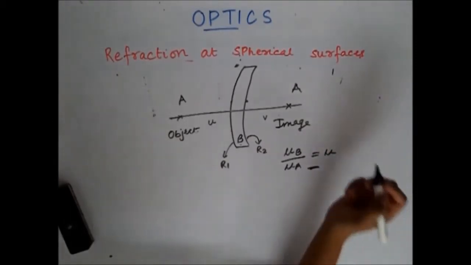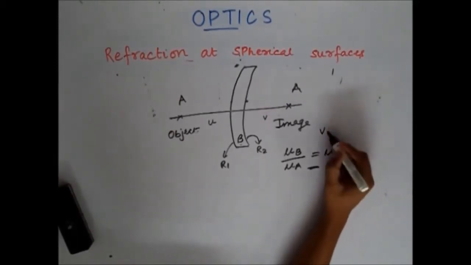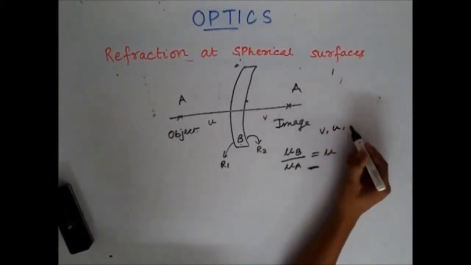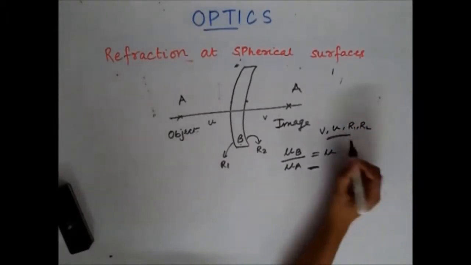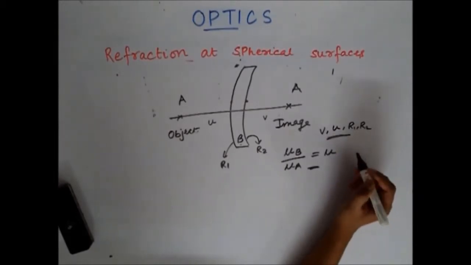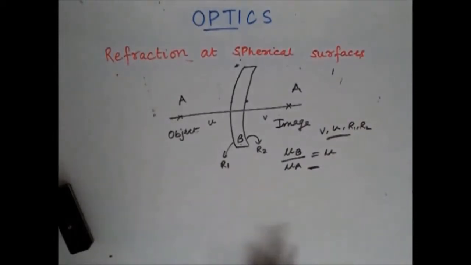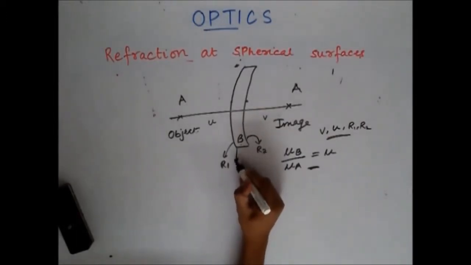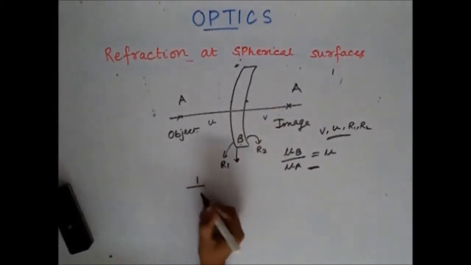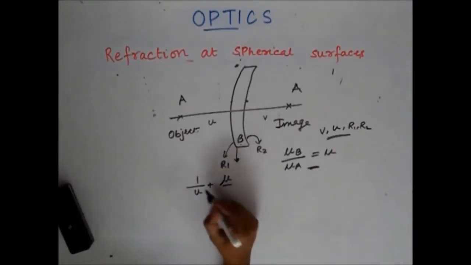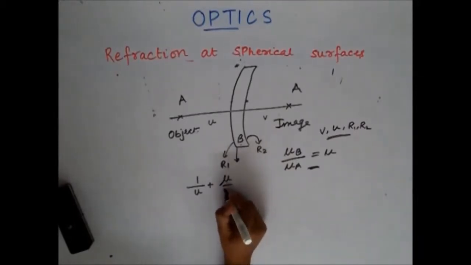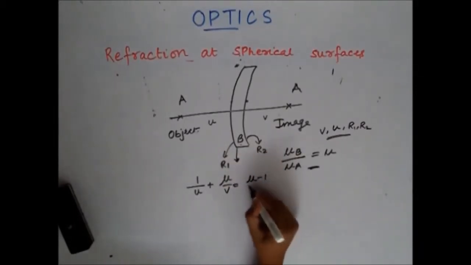So my question is, what is the relation between v, u, R1 and R2? I want you to use the formula which we had discussed some time before, that is the formula for a single refracting surface which is spherical. So how will you proceed? This is the first refracting surface. If I write the equation for this one, 1/u + mu/v = (mu - 1)/R.